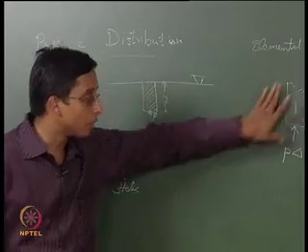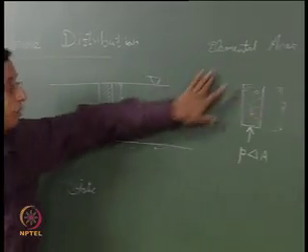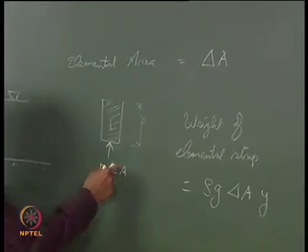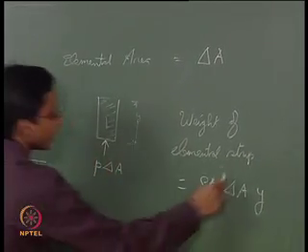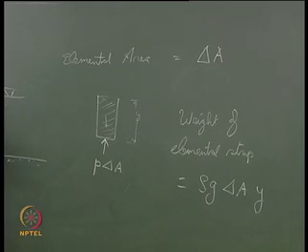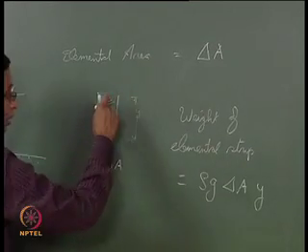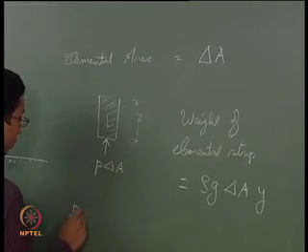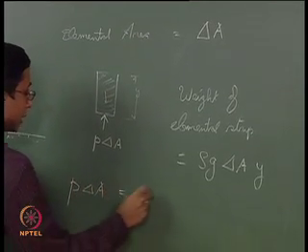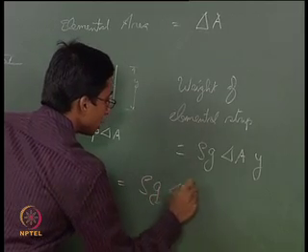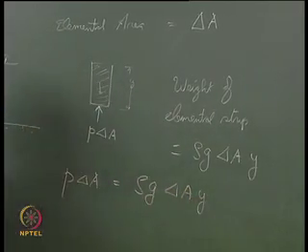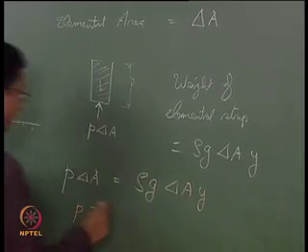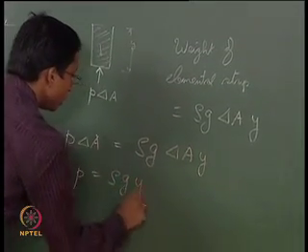If you equilibrate the vertical forces, the force due to pressure and the force due to the weight of the elemental strip should be the same. Therefore, what will you get? P del A is equal to rho g del A y. Cancelling the repeating terms, P is equal to rho g y.